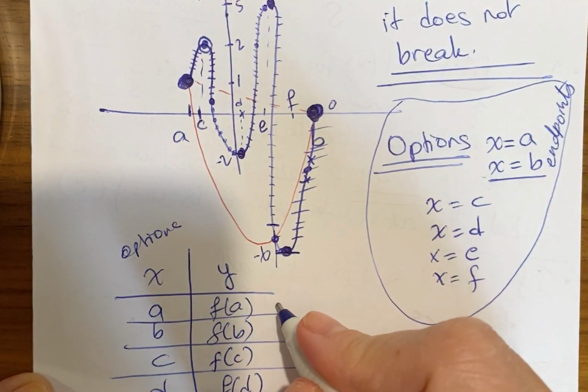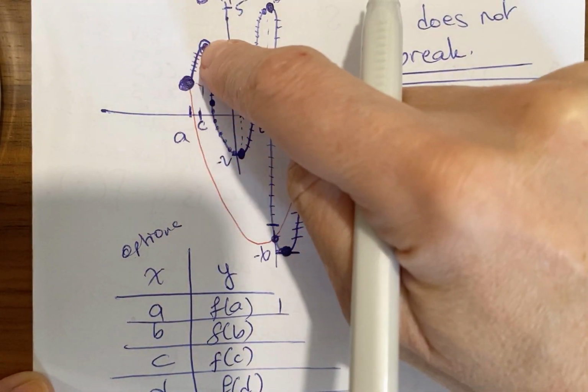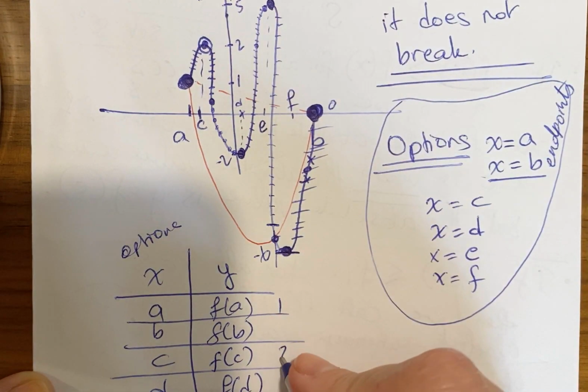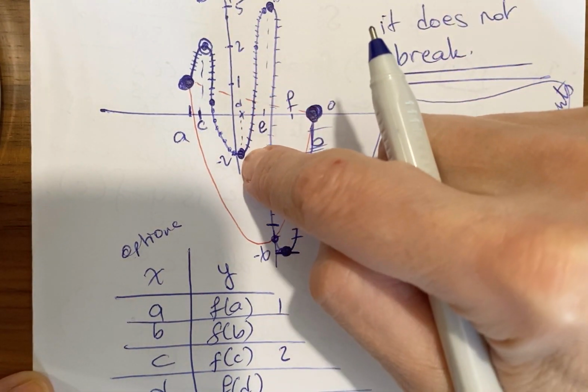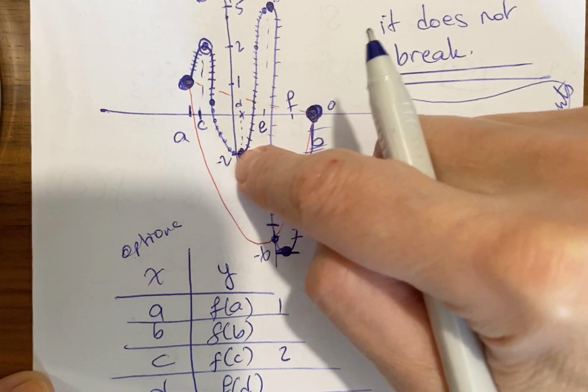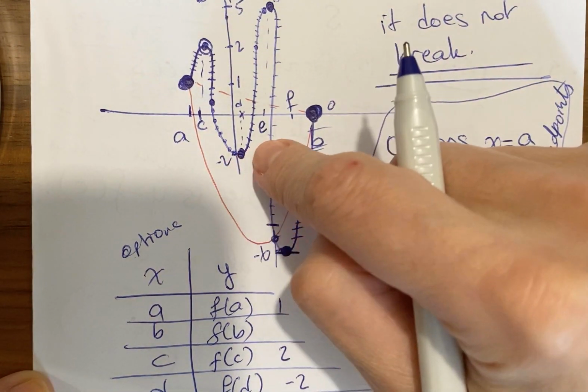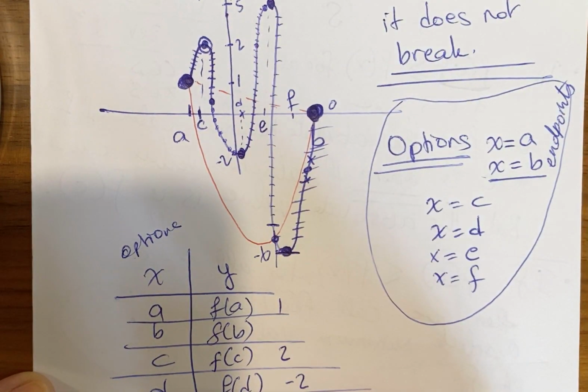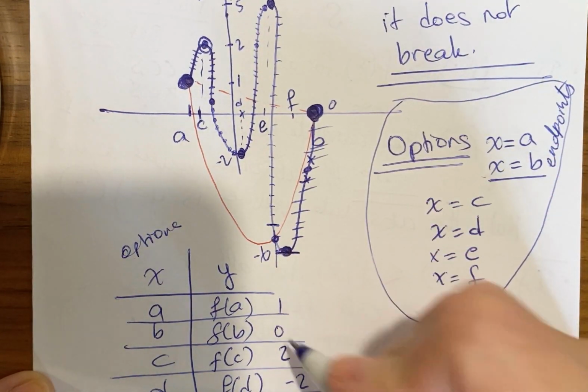F at A is 1. F at C is 2. F at D is -2. F at E is 5. F at F is -6. And F at B is 0.